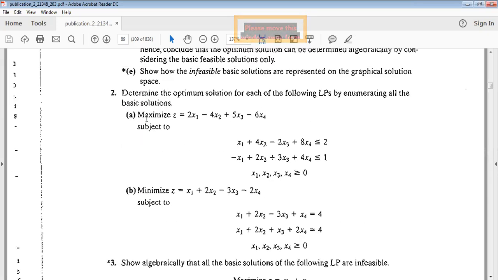So similarly, determine maximize z is equal to, so these are simplex method or big M method problems, you can solve them. So less than or equal to is given, and like that. Here is another problem, a minimization problem.